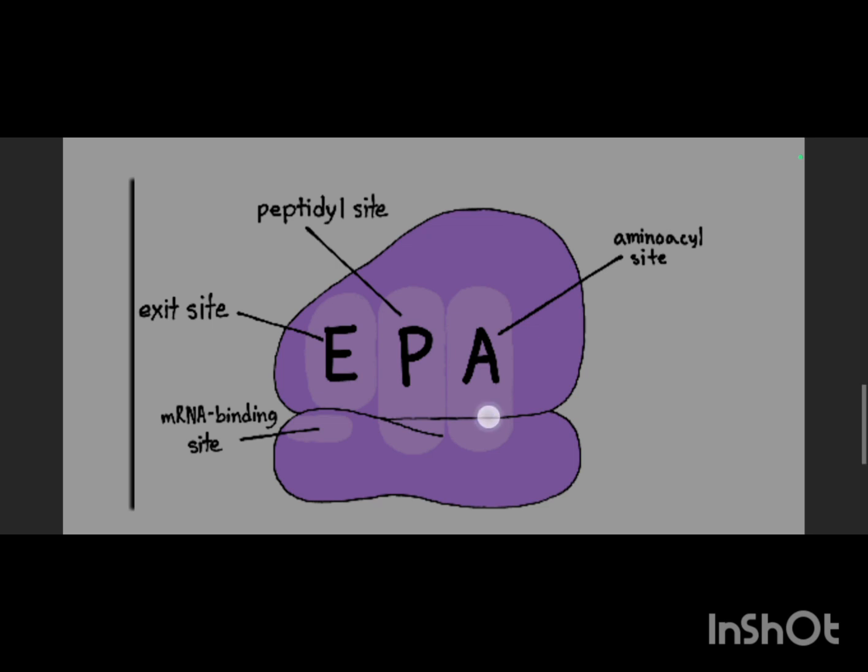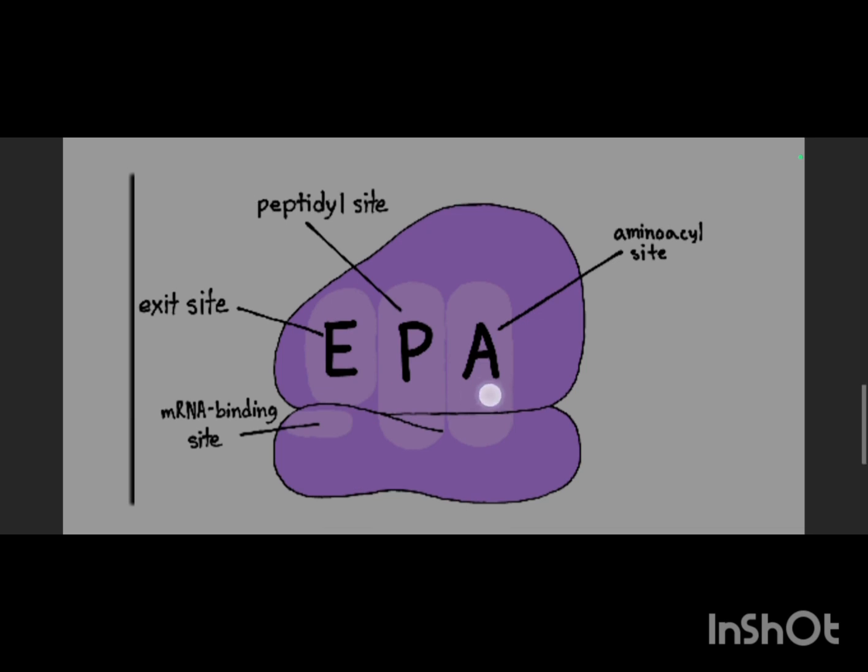In the A site, when the tRNA gets attached with amino acid, as we already discussed about tRNA and tRNA charging in our last video. So when tRNA gets charged with some amino acid, it comes to the A site, meaning this amino acid site or accepting site. Then the P site already contains the previously synthesized polypeptide chain.